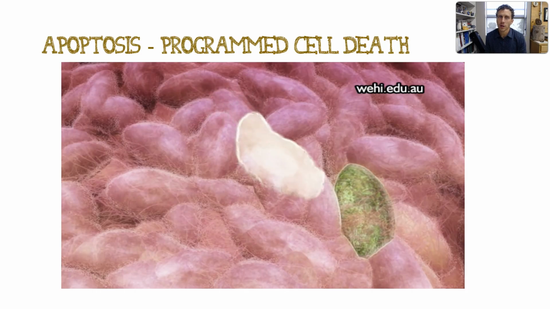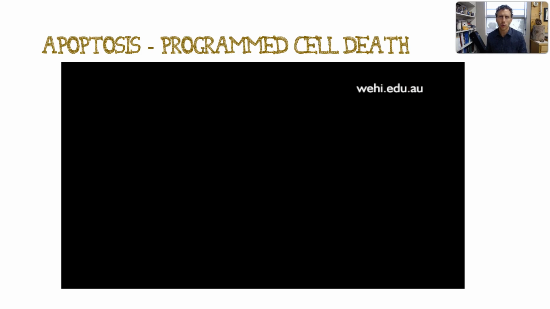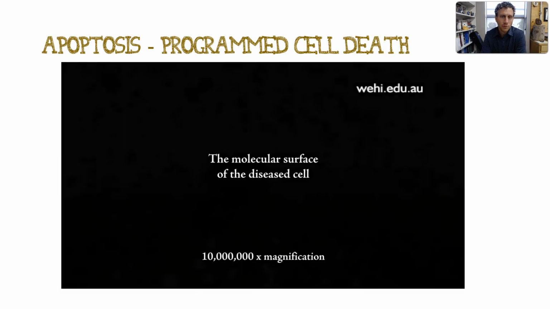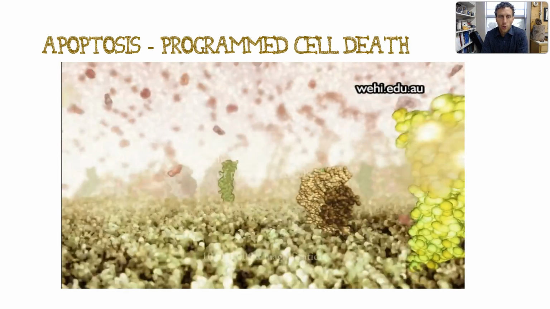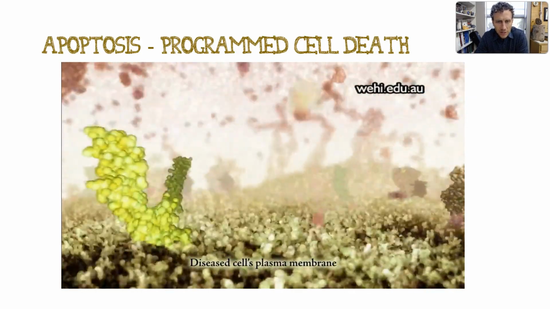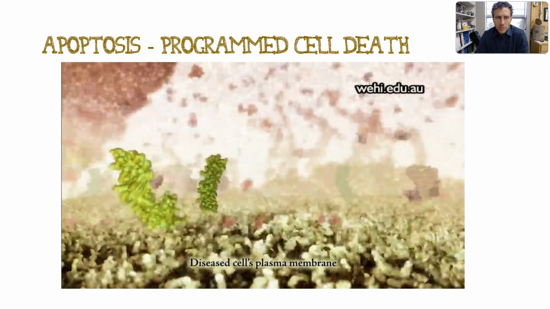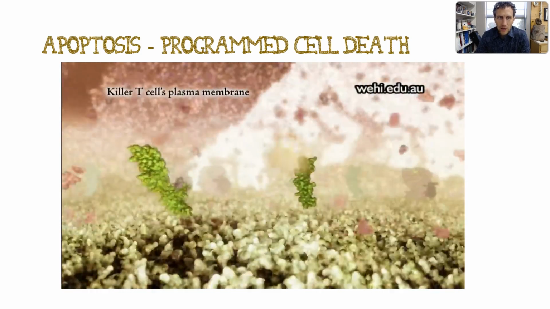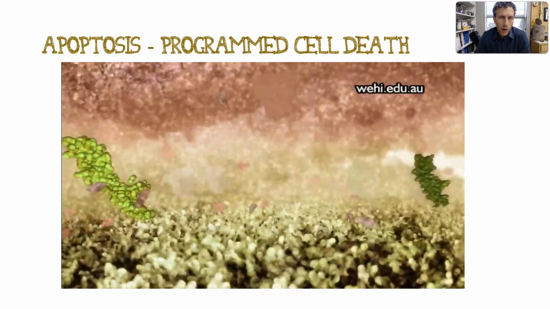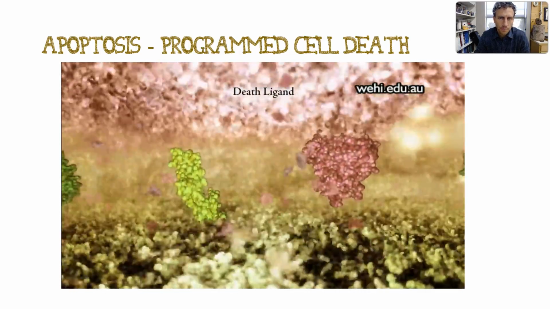But that can also be triggered by white blood cells. And white blood cells can actually kind of liquefy themselves, move out of the bloodstream into the tissue, and then go over top of the diseased cell. So this is the surface of the cancerous cell. That's the cell membrane. And over top of it now is the white blood cell, the killer T cell.